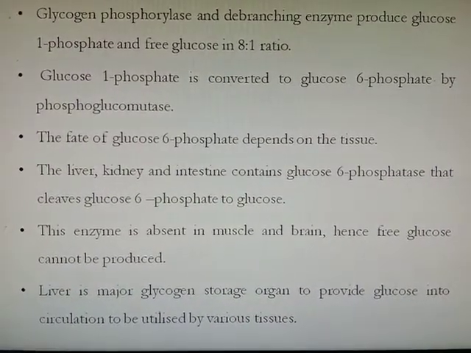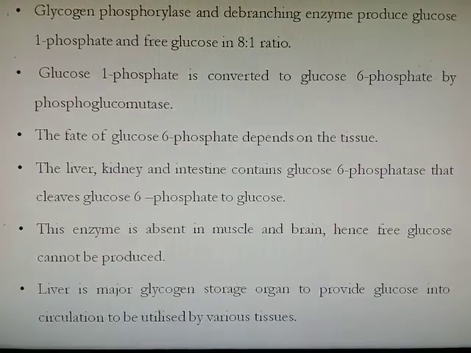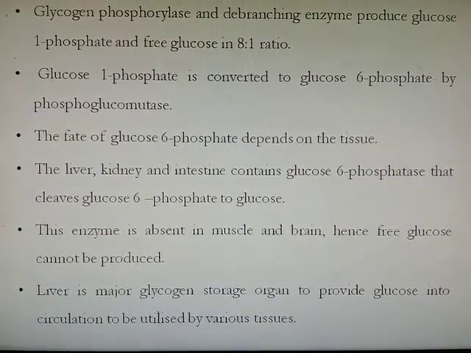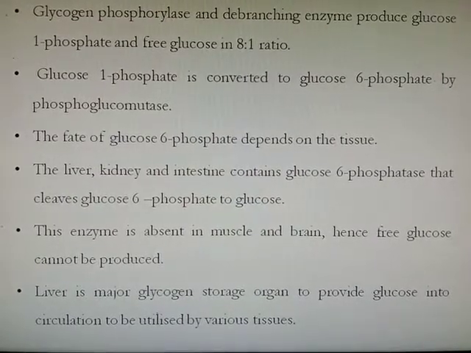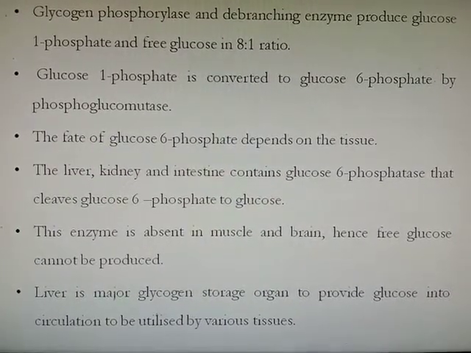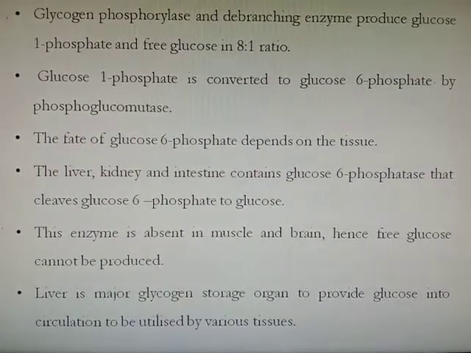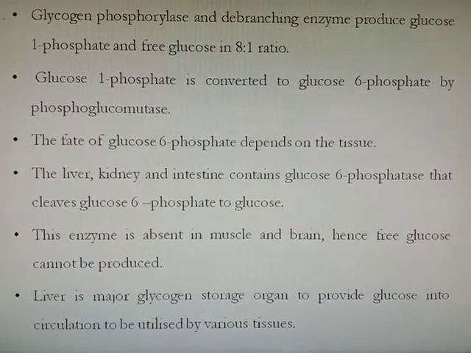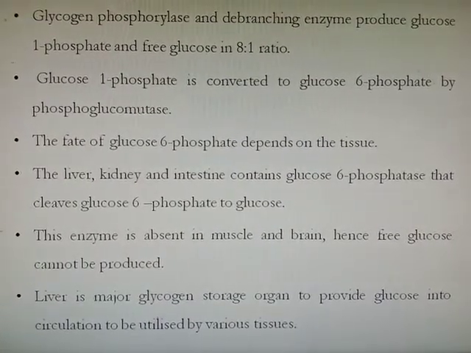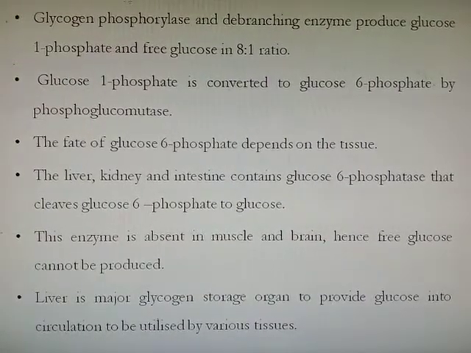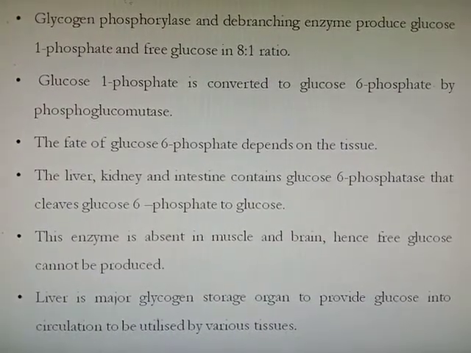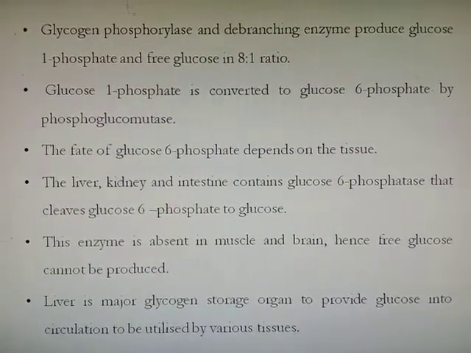The liver, kidney and intestine contain glucose 6-phosphatase that cleaves glucose 6-phosphate to glucose. This enzyme is absent in muscle and brain, hence free glucose cannot be produced in muscle and brain. It will go to glycolysis. The liver is a major glycogen storage organ to provide glucose into circulation to be utilized by various tissues.